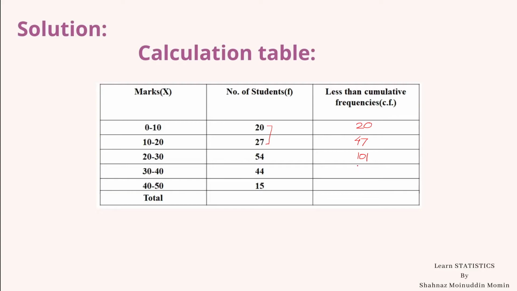Next is 145, and after adding all these frequencies we get the last cumulative frequency as 160. Here 160 is the total number of students. In this way we have calculated the less than cumulative frequency.